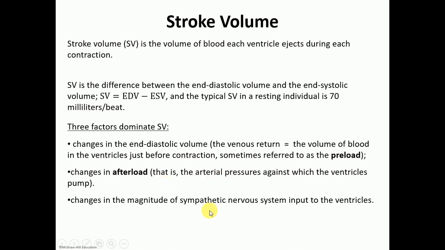And then there is any change in the magnitude of the sympathetic nervous system to your ventricles. So all three, end diastolic volume, which is a function of the preload, any changes in afterload, meaning changes in blood pressure, and the effect of the sympathetic nervous system, have an effect on the stroke volume.